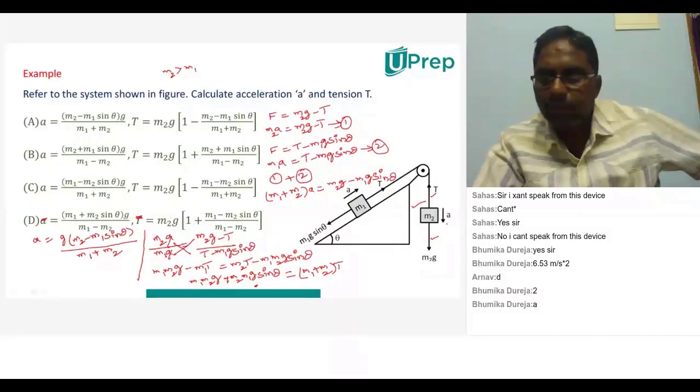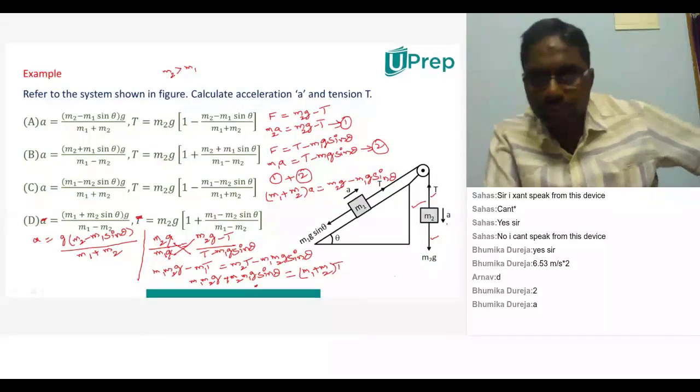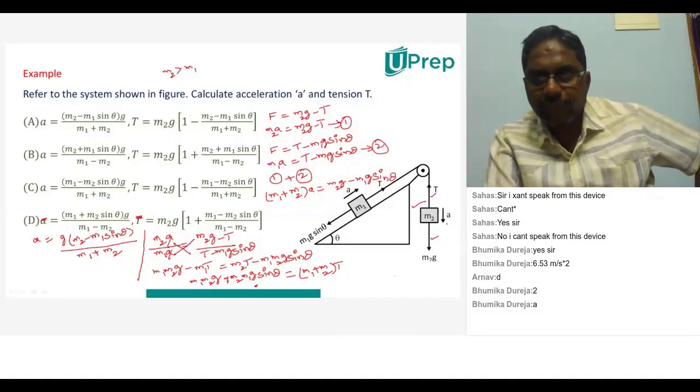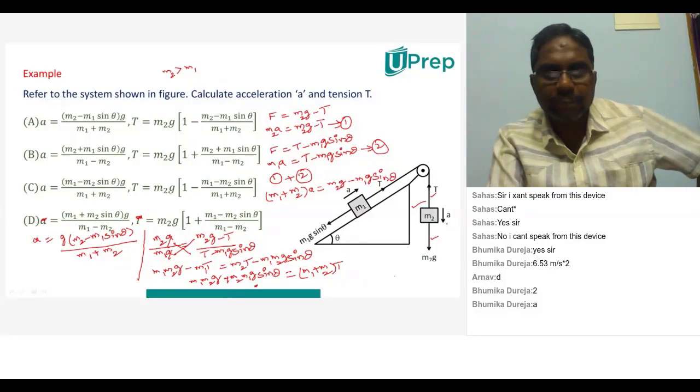Okay, now what you can do, T is equal to m1 m2g plus m1 m2g sine theta divided by m1 plus m2, isn't it?